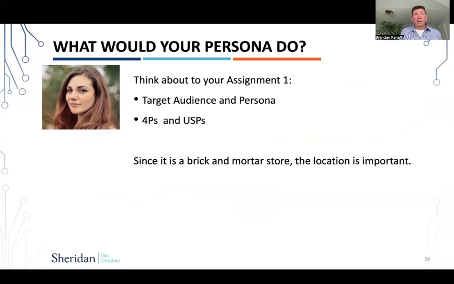For your assignment, you really want to think about your target audience and your persona. Then think about your USP, your unique selling proposition, and the product, benefits and pricing around your gym. This is why you've designed your gym and the service offering to match your persona. Now we want to understand what we tease out of this.